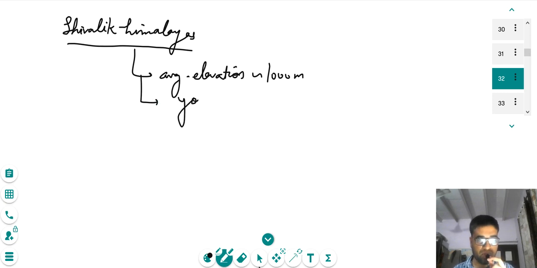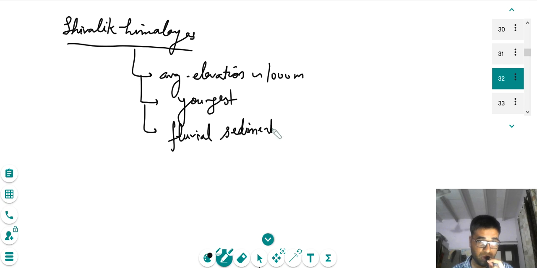They are the youngest ones. The Shivalik Himalayas have fluvial sediments, and they are relatively continuous from east to west.